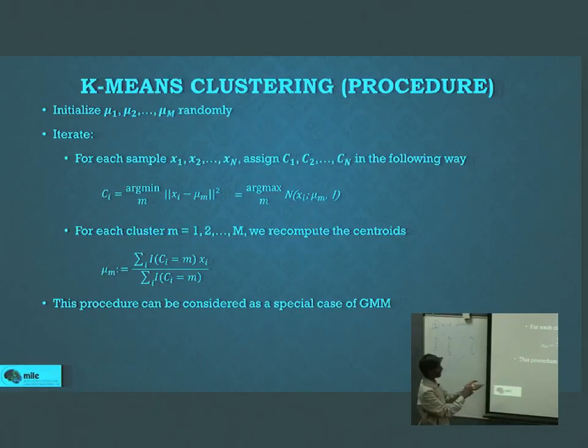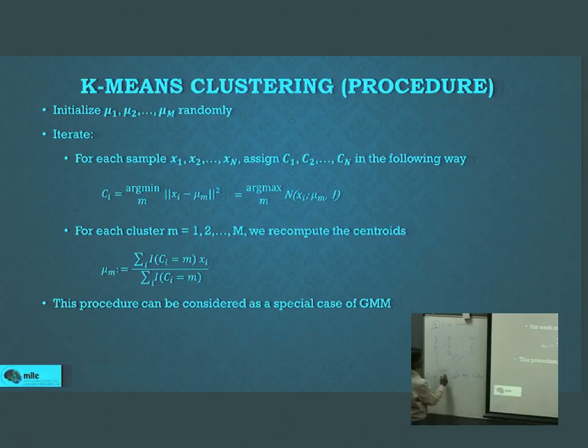It is a simple maximization, because this will have 1 by root 2 pi power d, sigma inverse, which is identity, so nothing is lost here, and exponential of minus x minus mu, identity again, x minus mu.